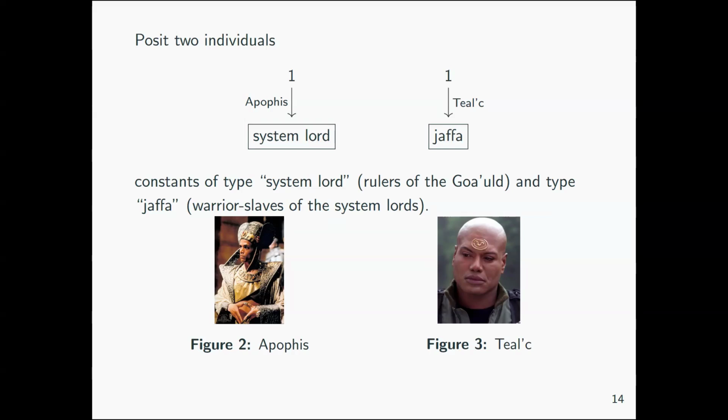System lords are basically rulers of the ancient aliens, and the Jaffa are their warrior slaves whom they need to actually enforce their rule across this galaxy. And I'm going to posit some individuals here. One is a system lord and one is a Jaffa. These I intend to be functional arrows, constants in the logic that are picking out individuals.